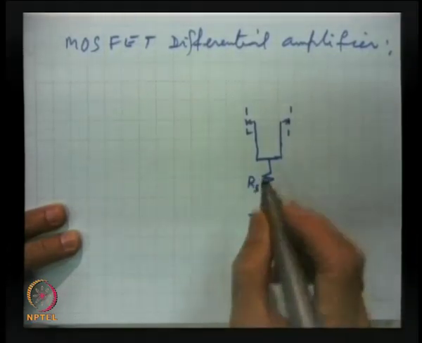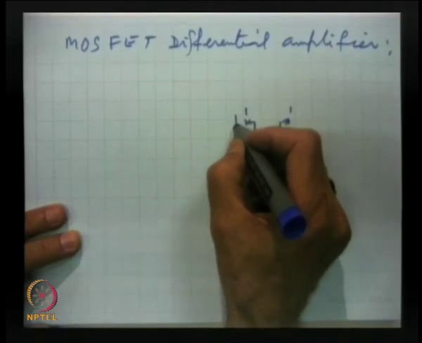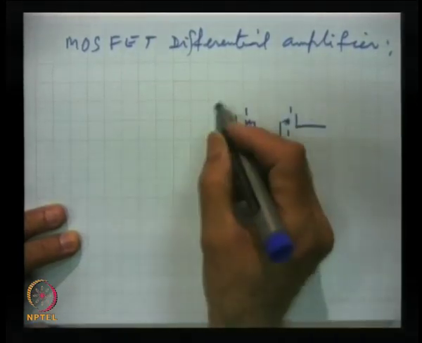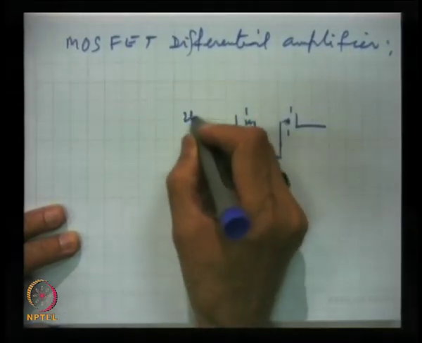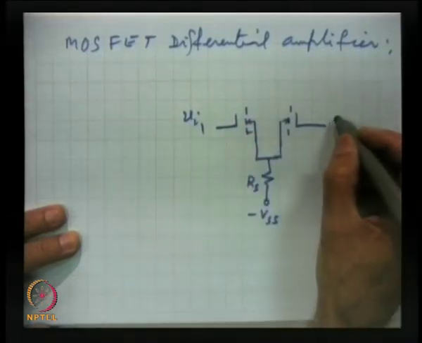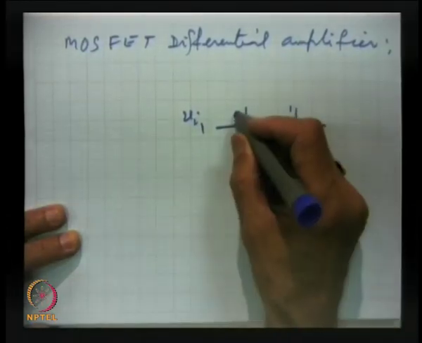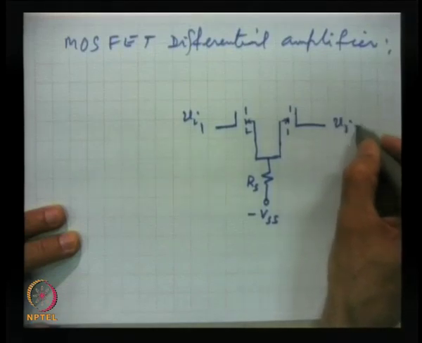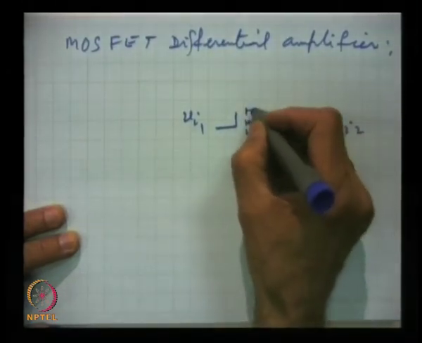This is the source resistance, and these are the 2 MOSFETs. This is one input, this is another input, and we connect this.